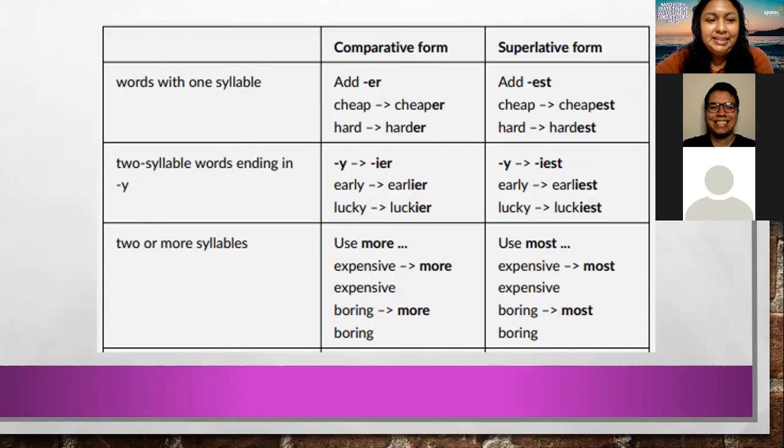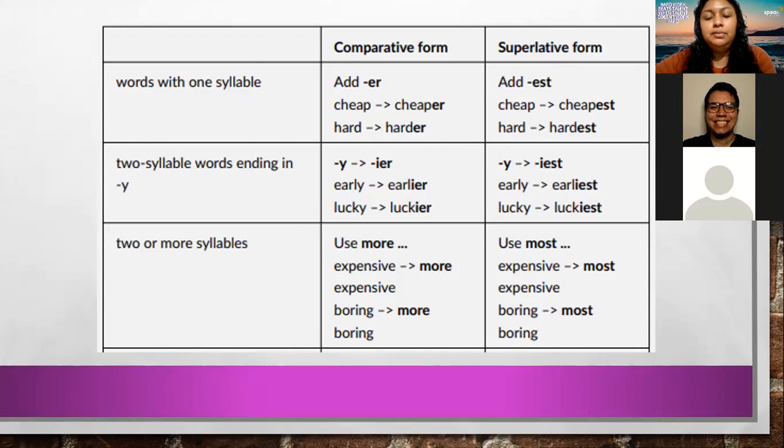So I read the instruction in both columns, right? Exactly. The instruction is words with one syllable. Comparative form is add -er, for example cheap, cheaper, hard, harder. And the superlative form is by adding -est. For example, cheap to cheapest, hard to hardest. Exactly. Thank you.